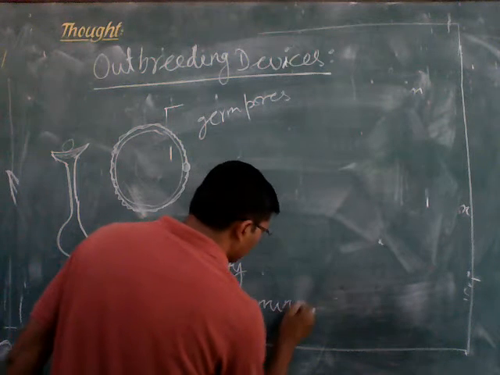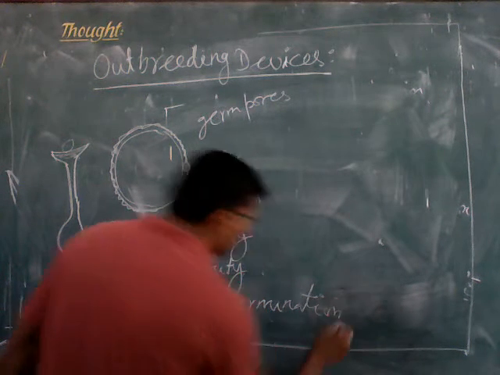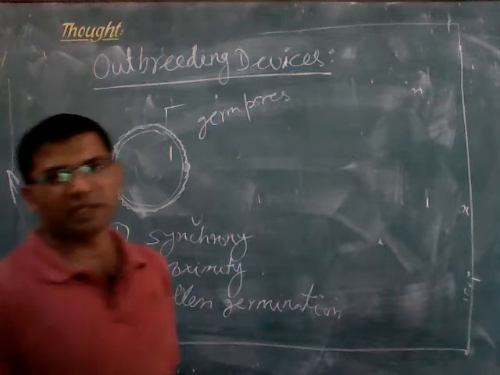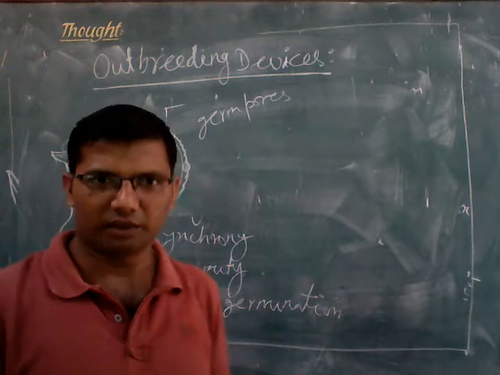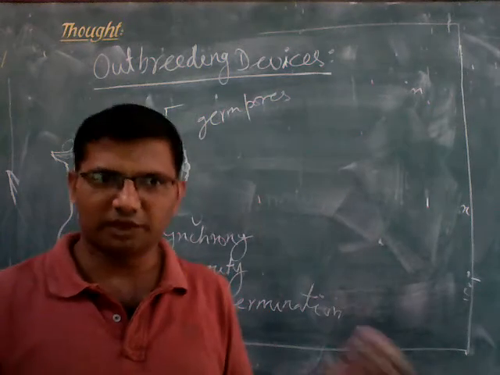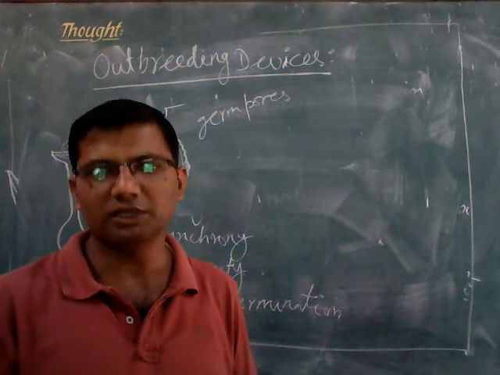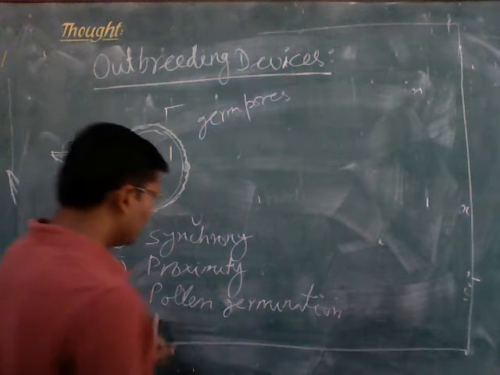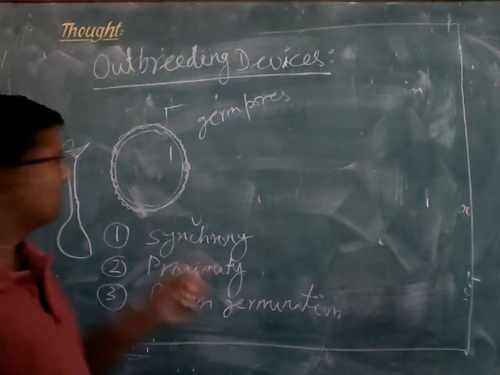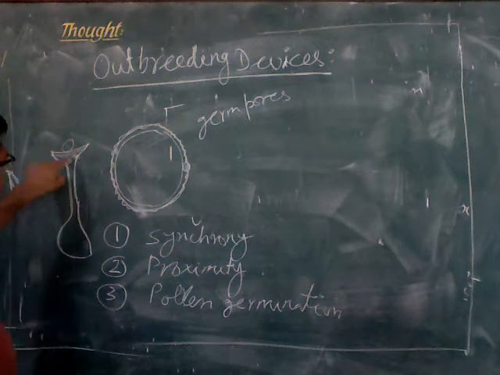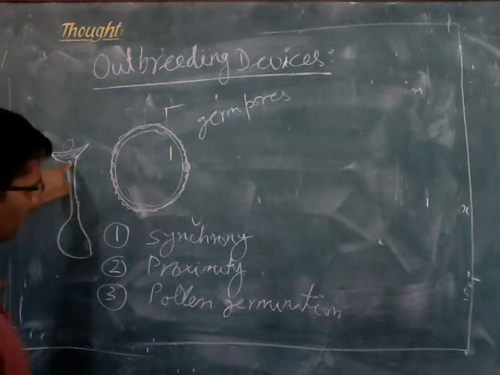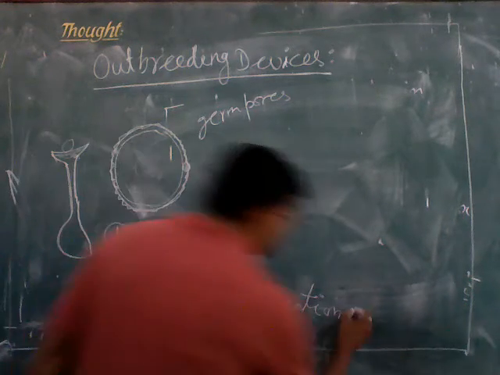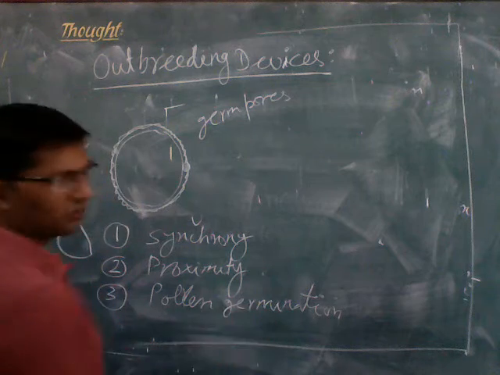If pollen germination is inhibited, in many species, this is a mechanism: if the pollen is from the same plant, whether the same flower or a different flower on the same plant, that means in both autogamy as well as geitonogamy, the pollen and stigma will have certain interaction and the pollen germination will get inhibited. It will not allow the germination of the pollen, and this is regulated by a genetic mechanism.